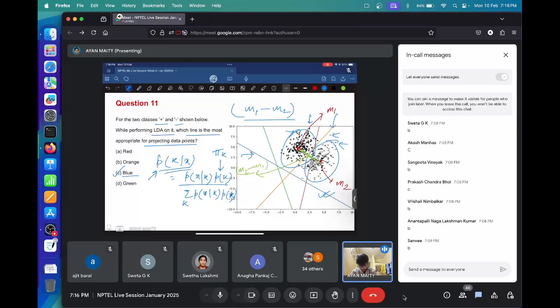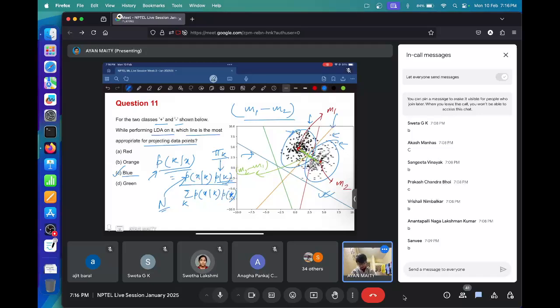This is the p k, which is pi k also, the prior probability for a class, and this is the likelihood, the class likelihood it is also called, probability of x given k. So for a given class, what is the probability of x? This is a Gaussian distribution or normal distribution. This p of x given k is assumed to be a Gaussian distribution in LDA.